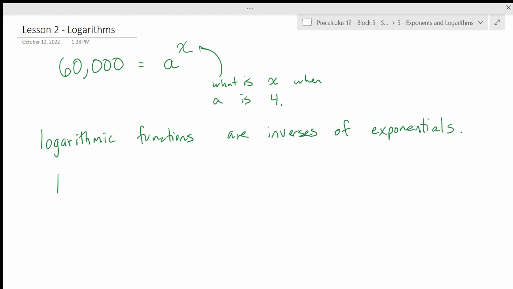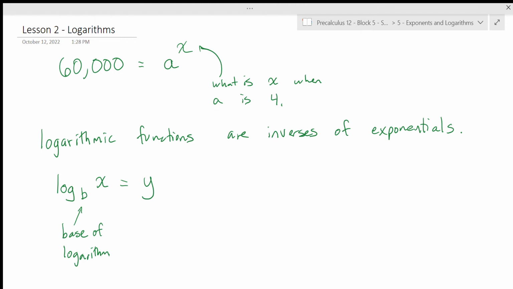So when we're talking about a log, just like with an exponent, we have a base. So we would say the log base b of x equals y. This is what we call the base of the logarithm. And what a logarithm does is it unexponents something. It tells you what exponent it has.